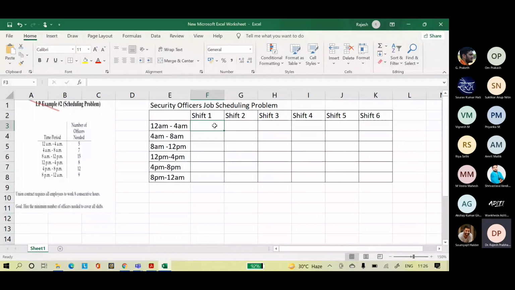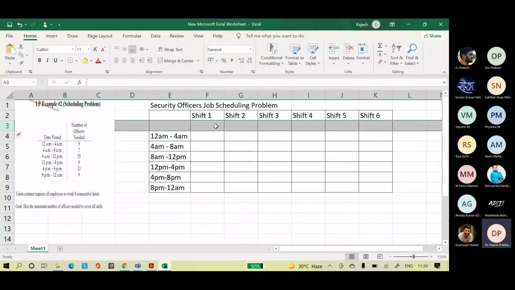Okay, we have to find this 8-hour shift, right? Shift is different here. So time period is also there, and then we have the shift also. Shift is an 8-hour shift, so we will add one more line.